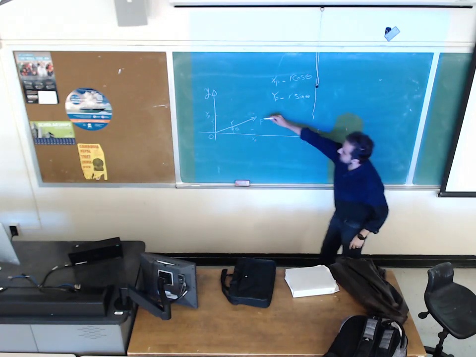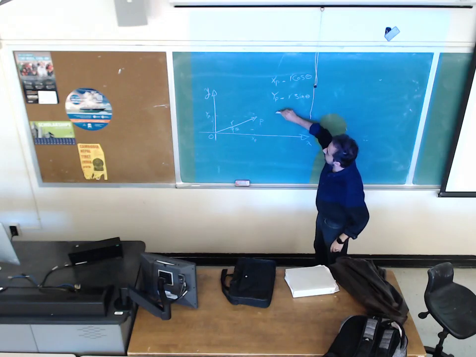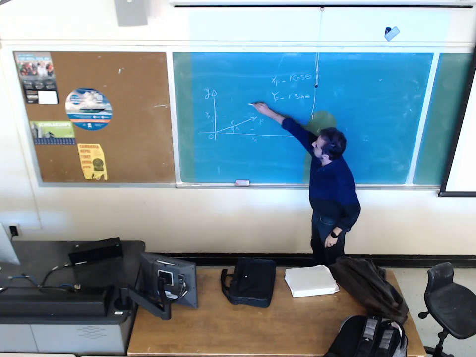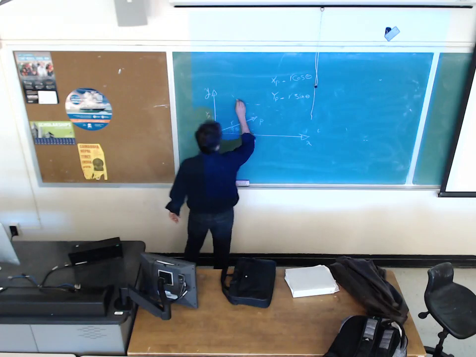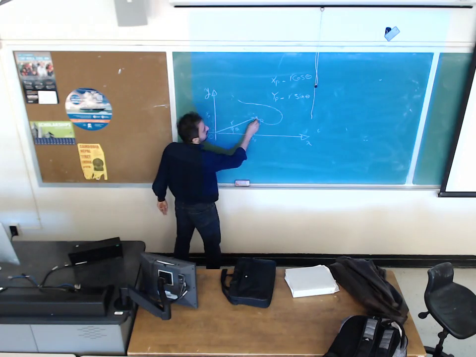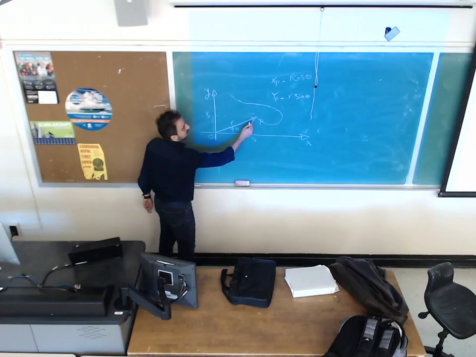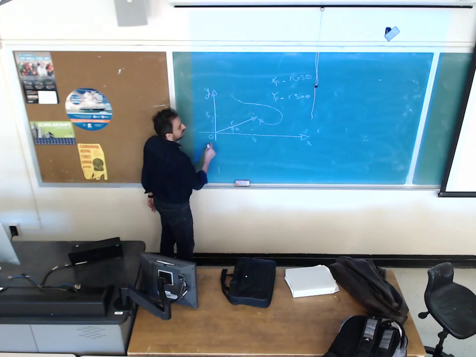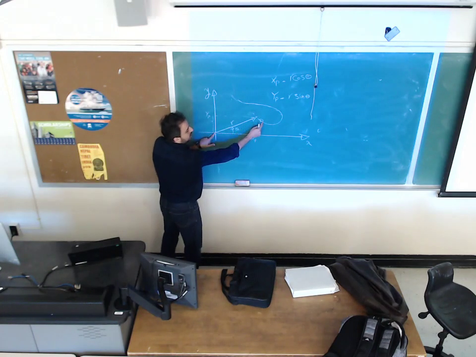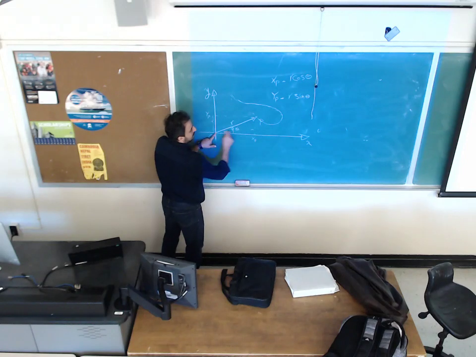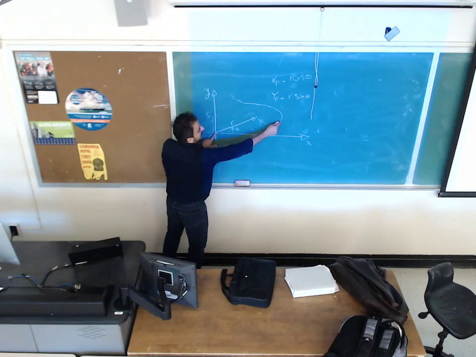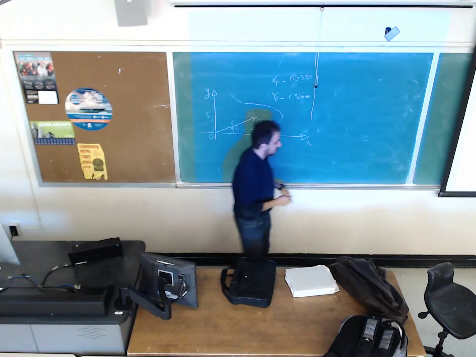Now, assuming that point P is moving in this direction along the time, it's moving along this path. So when it's moving along this path over the time, r is changing and at the same time theta is changing. So r can change, theta also is changing.